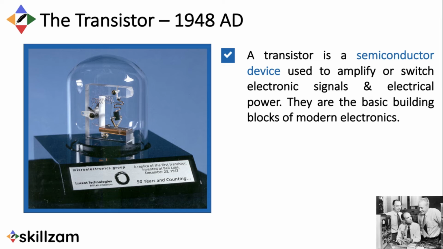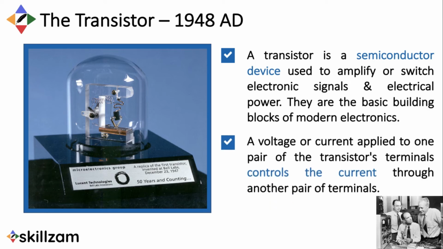Its resistivity falls as its temperature rises, whereas metals behave in the opposite way. Because the controlled output power can be higher than the controlling input power, the transistor can amplify a signal. Hence, the transistor became a building block of modern electronics.